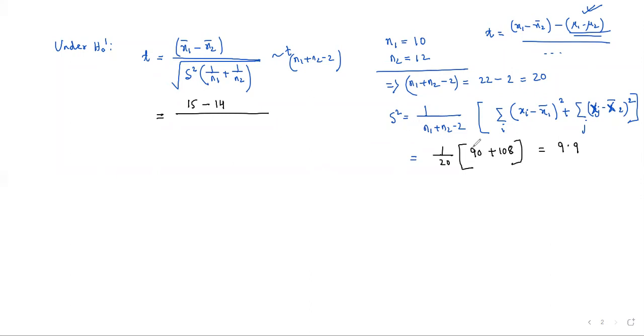Now we are going to apply this value of s square over here, 9.9, and the sample sizes' reciprocal will be taken like this. And if I calculate this particular figure, then the value that is coming is as follows.